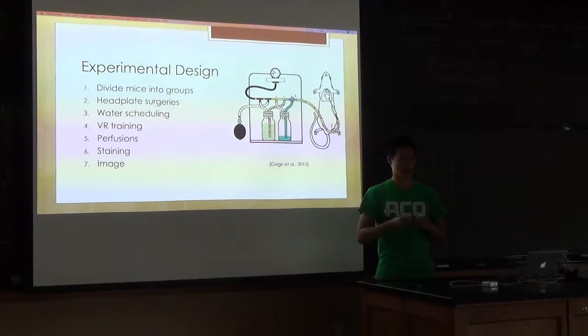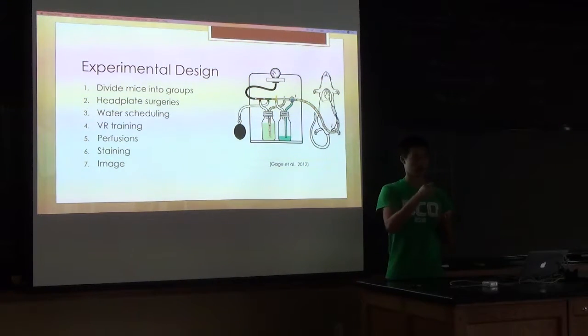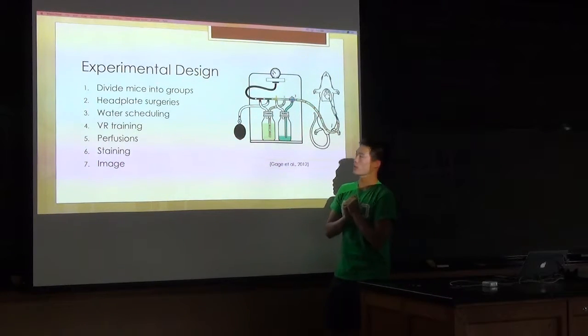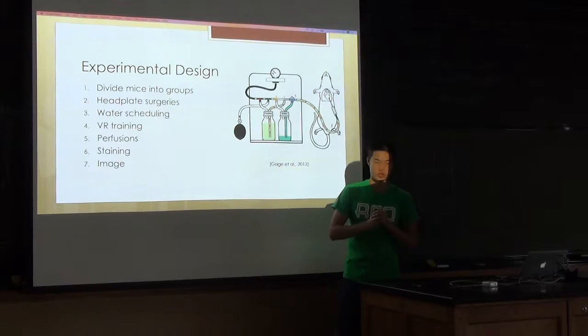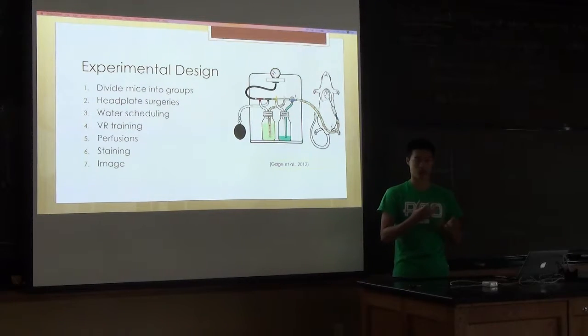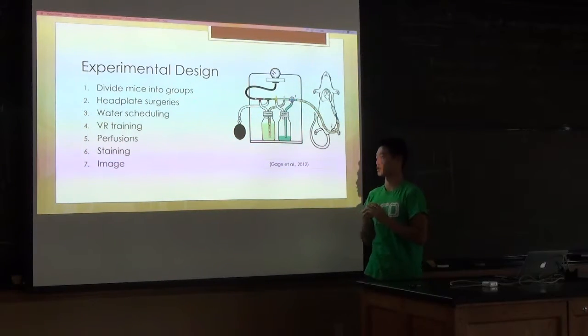As you saw earlier, the mouse is fixed by its head plate so that it will be staring straight ahead at the VR screen, and so the head is still so that we can look into the brain. After that, we will water schedule these mice, which is we will lower their body weight to a certain level by giving them less and less water so that they'll be motivated to do the VR training because they'll receive water as a reward. And we'll train them in the VR, which I will show in the next slide.